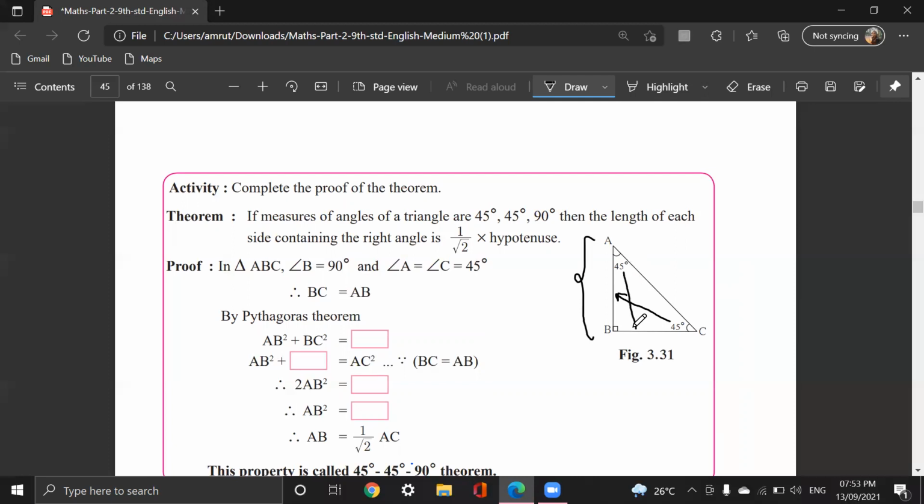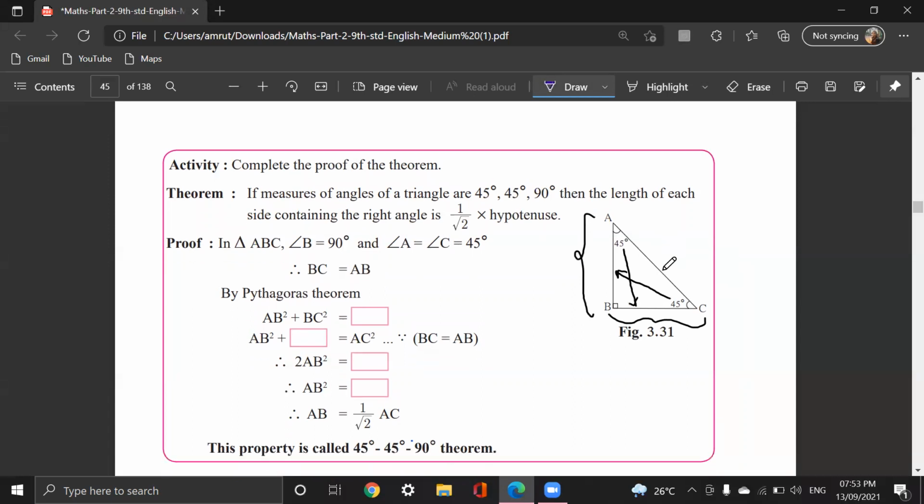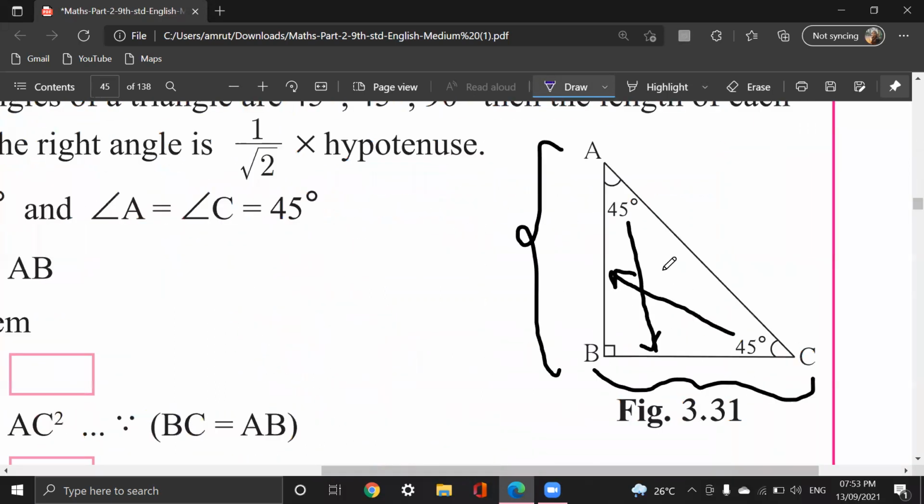So this is the other side which is opposite to 45-degree. So this is side BC. Both the angles are equal, that's why both the sides also become equal. So I'll take another color, right? Let us make both these sides AB and BC equal.